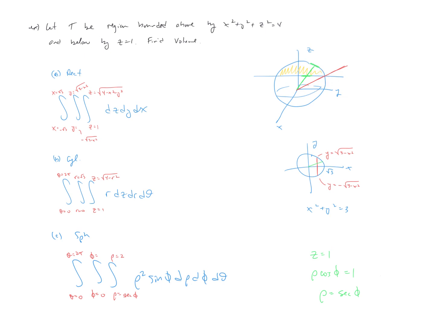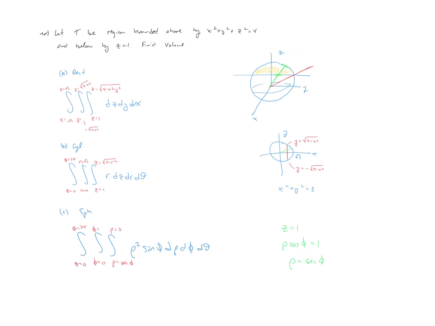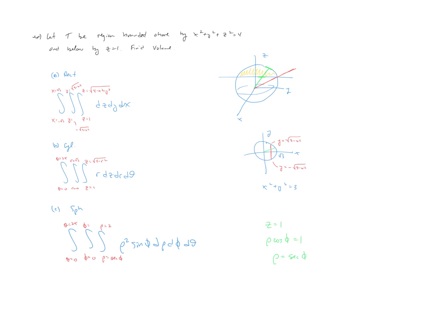Much like an earlier example, to figure that out, we can set some things equal to each other. Fortunately, this one's not too bad. Since my rho is 2, 2 equals secant of phi, which means that cosine of phi equals 1/2, and that phi would equal pi over 3.